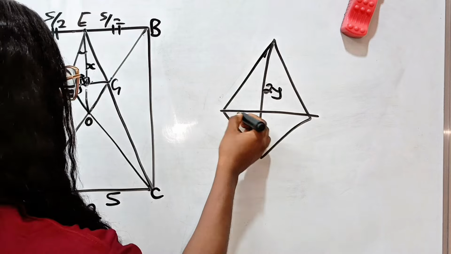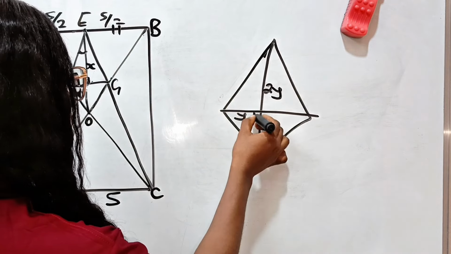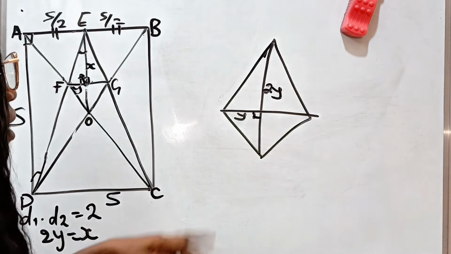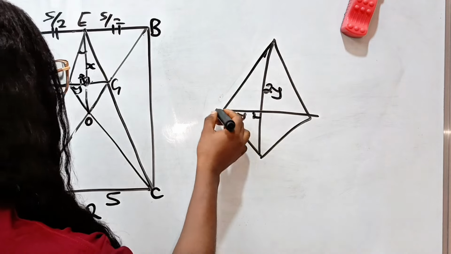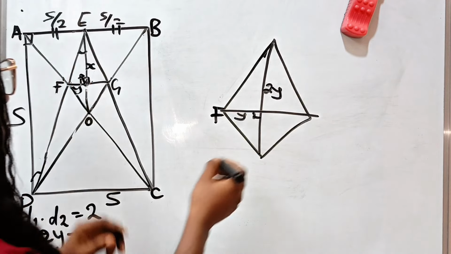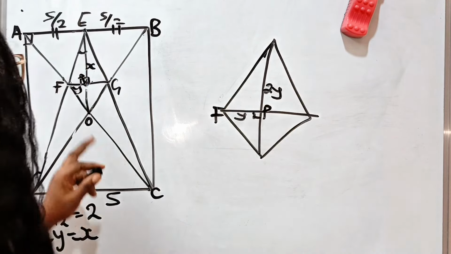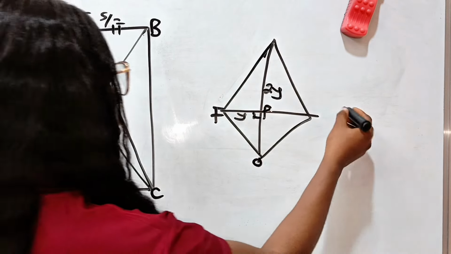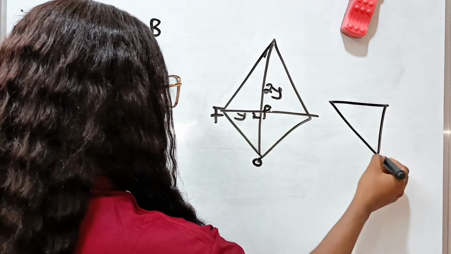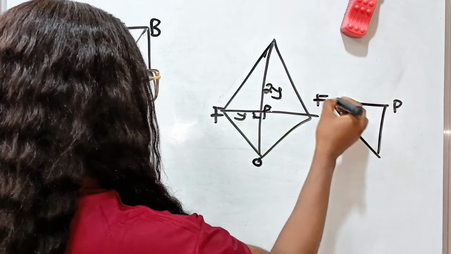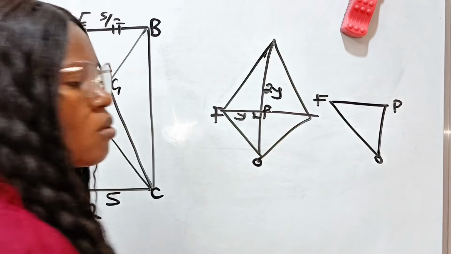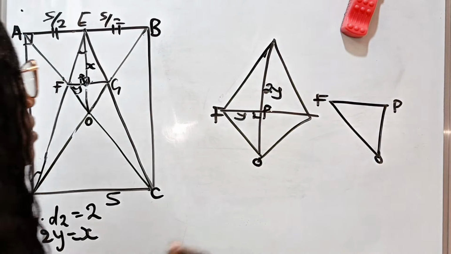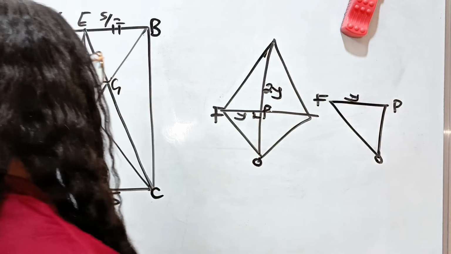Now this place is Y. All right, this is a right angle. Now if we consider this is F, our center is P, and this place is O. Let us draw FPO out. So this is P, this is F, this is O. So this is our Y.